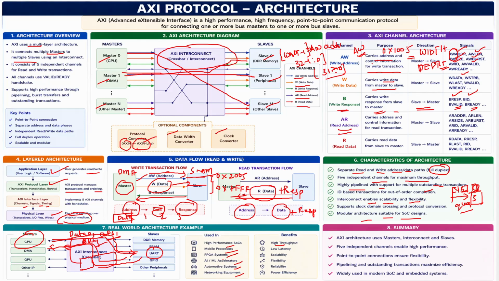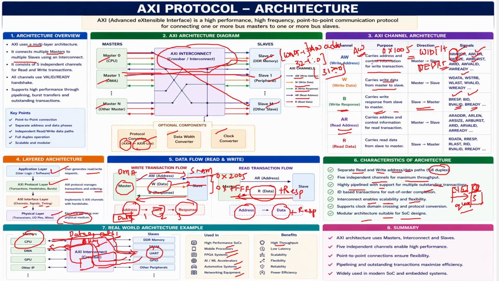For AI tools, how the faster data transmission will take place, at that time we utilize the AXI protocol. And then automotive systems in cars, wipers, all these things. Fully automated cars are coming, right? Based on that we are controlling the wipers, the steering, and all these things are happening.